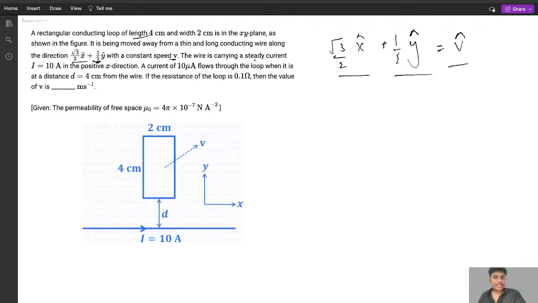The wire is carrying a steady current of I equal to 10 ampere in the positive x direction, means in this direction. Okay, current is moving in this direction on this wire.